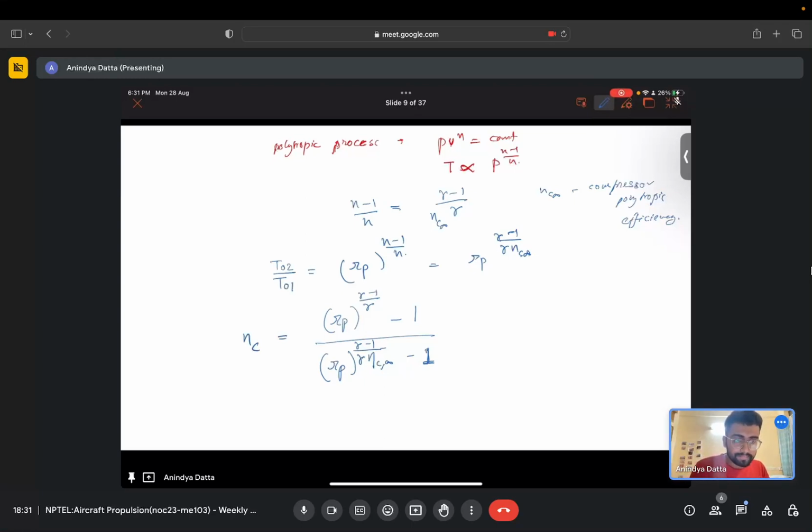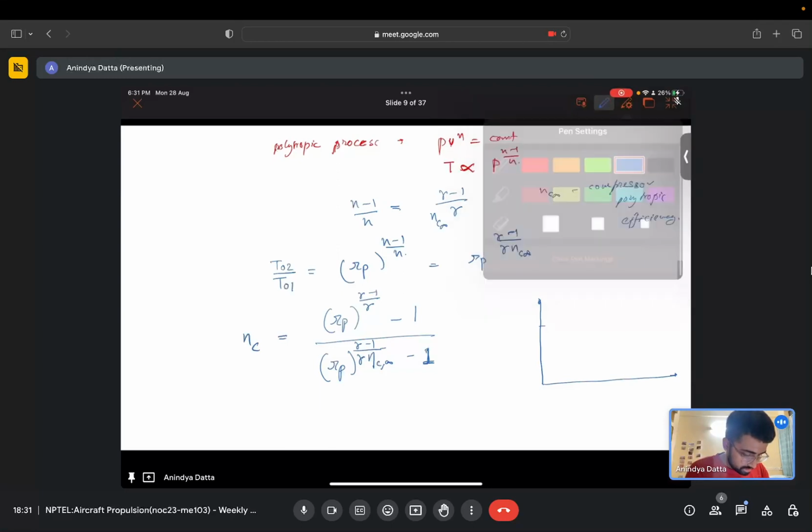Okay, so now the question is how it changes with increasing pressure ratio. If you make the calculation and see the plot, you will see that for a constant value of given polytropic efficiency and a given gas, meaning gamma is constant, and eta c infinity is constant, it follows a curve like this.